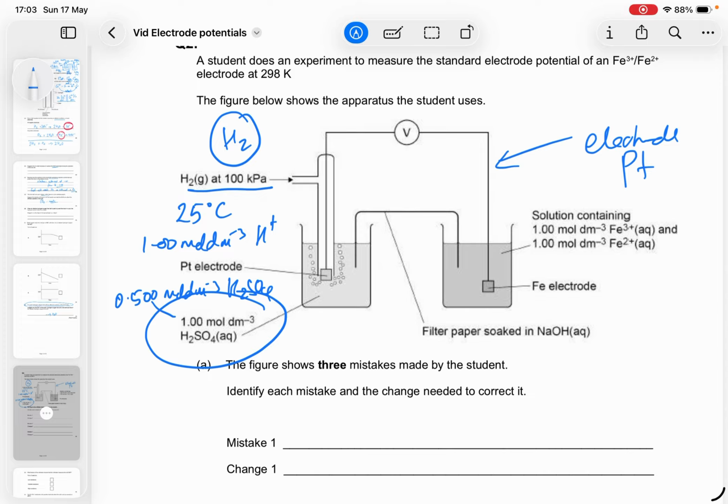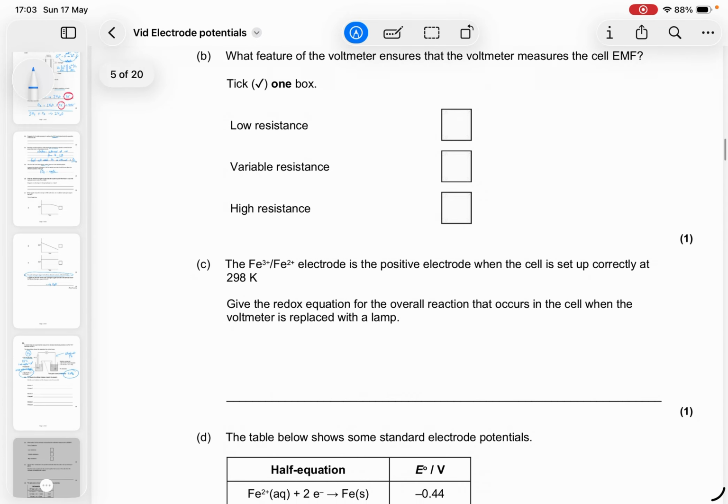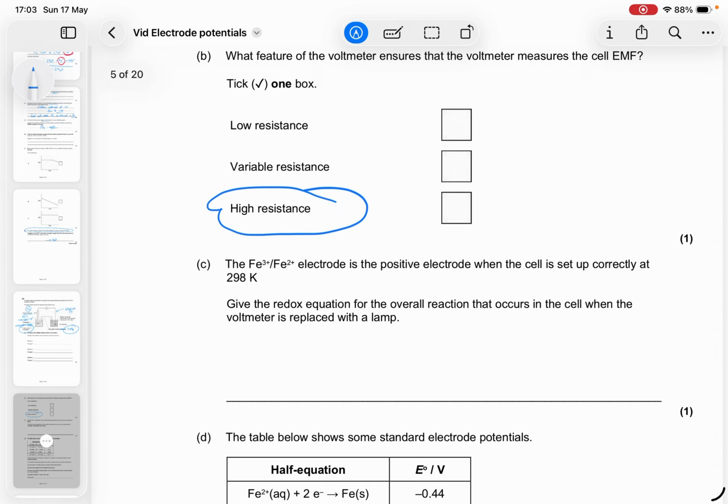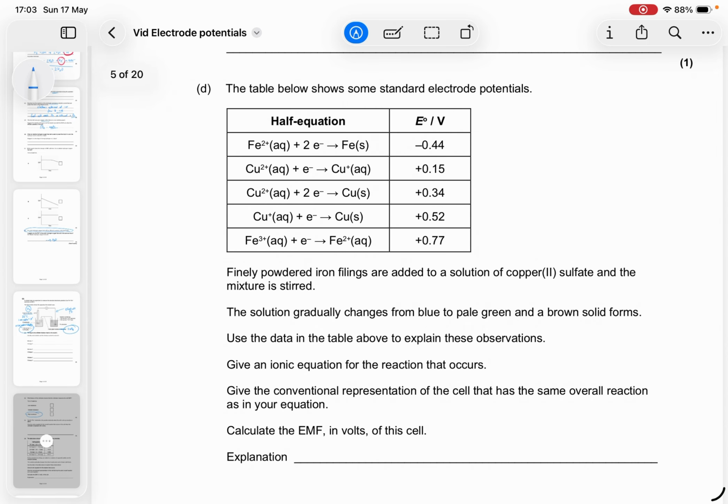And the salt bridge should be soaked in potassium nitrate solution in here. Okay, so those are some of the mistakes. Now, the voltmeter has to be a high resistance voltmeter, and what I want to talk about now is the electrochemical series in front of you.